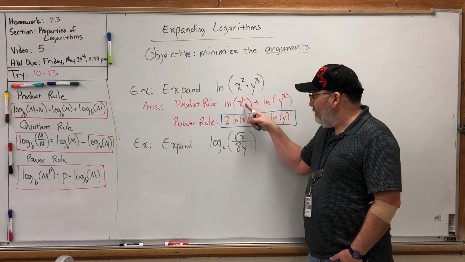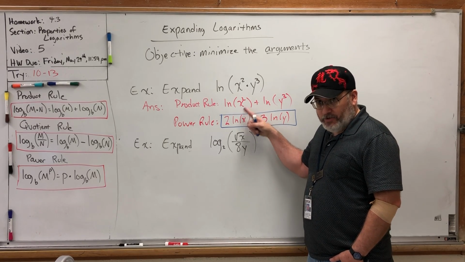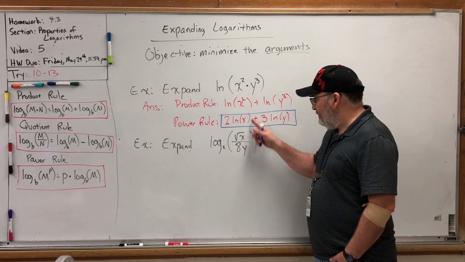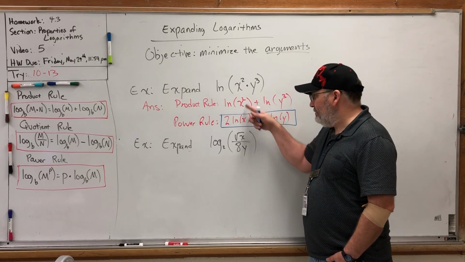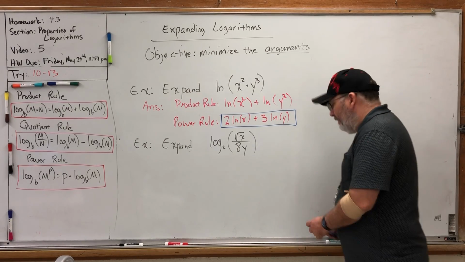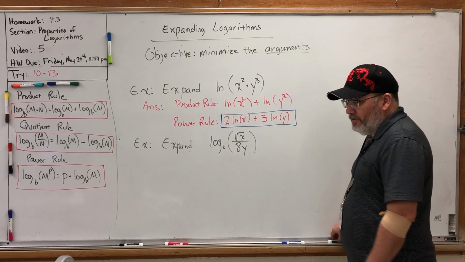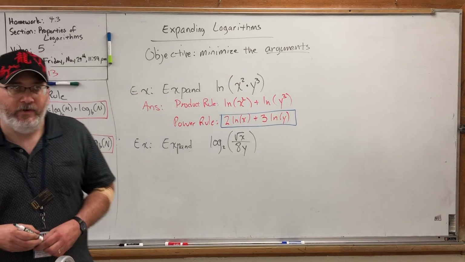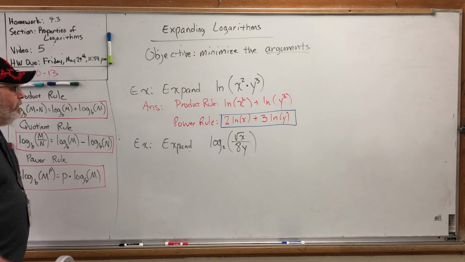But when it's squared, it would become positive, and that would be good. So these would not be equal if the x were negative, because this logarithm would not be defined, whereas the other one would. But again, we are going to assume in all of these problems that everything falls in the correct domains, and we don't end up having logs of negative numbers or logs of zeros.